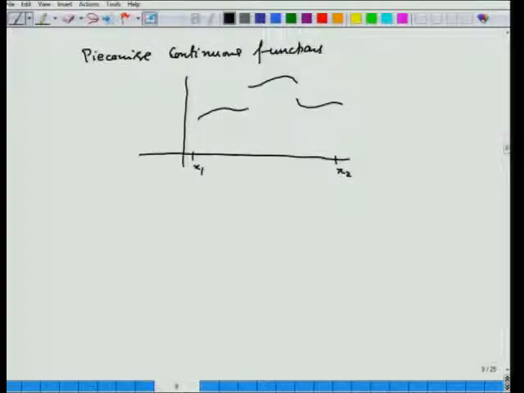Here this is a point of discontinuity, and this is a point of discontinuity. Let us say at a and b in the interval x1 to x2, at this point there is a jump discontinuity, and here also there is a jump discontinuity.